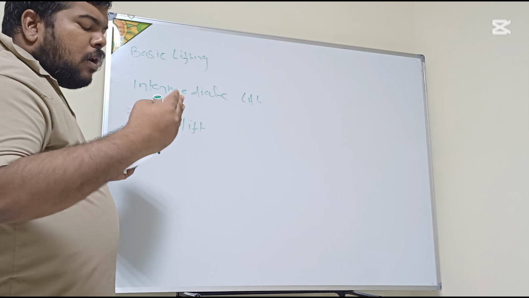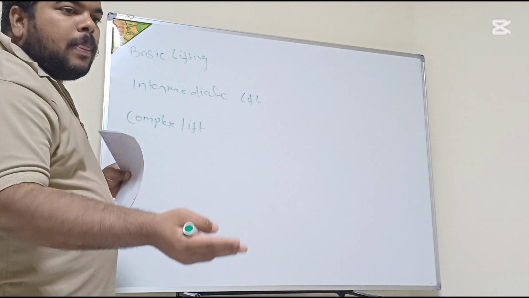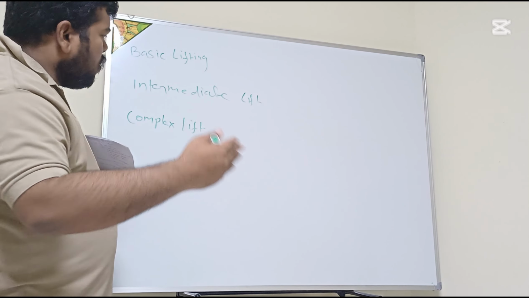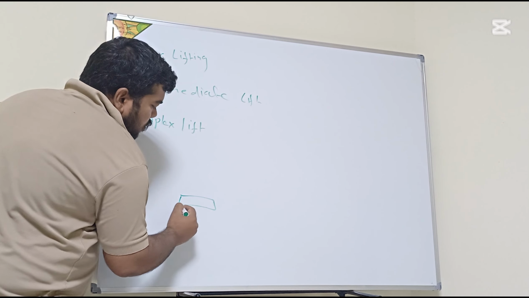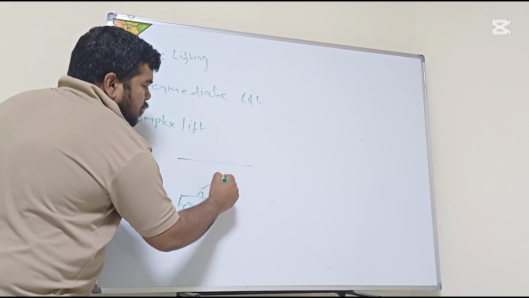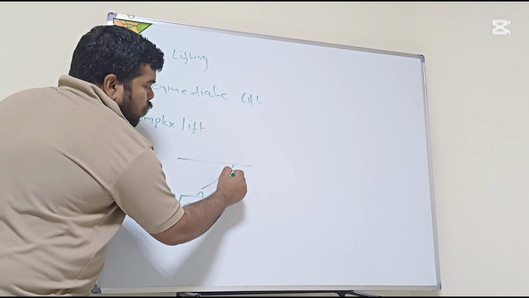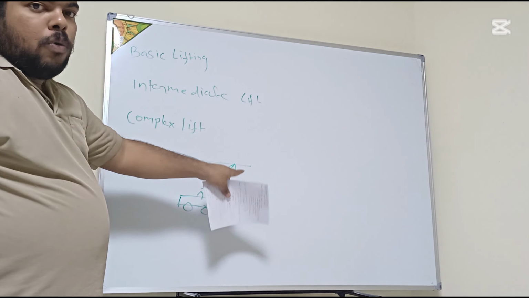How do you know what distance to be maintained when you are working nearby any live lines? For example, you have a crane here and there is an overhead power line and you are going to work. So what distance do you need to keep when you are working here?